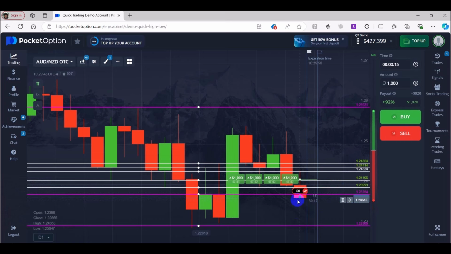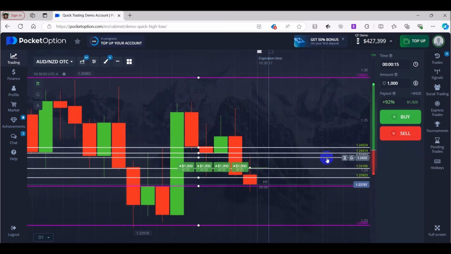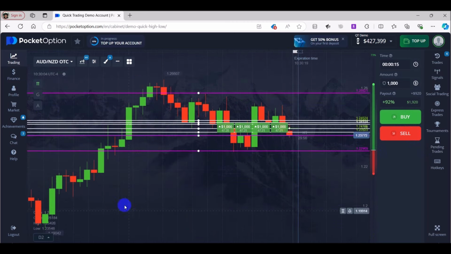See, now it's breaking through our daily wick. It's breaking through it now. So let's see where it's trying to go. Okay, so it went to this wick right here.